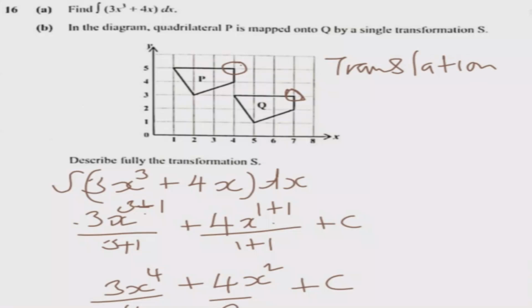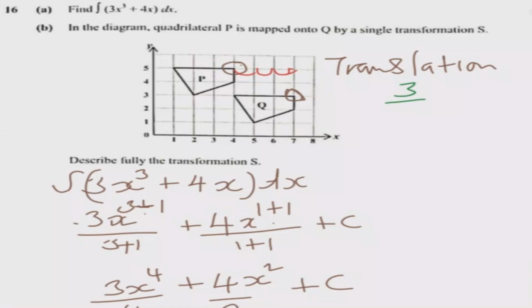Now let's find how they have transformed, by what vector. When you look at this point I've marked, you will notice that it has moved 3 steps to the right. So this is 1, 2, 3. So this is 3. So definitely we can tell that the vector will have 3 over, then coming down.